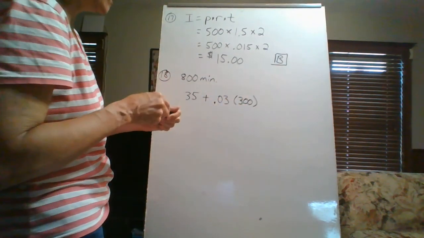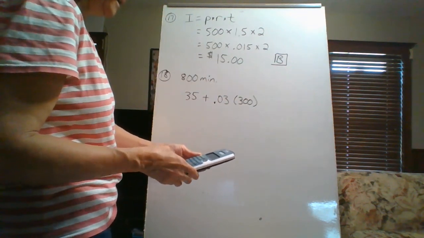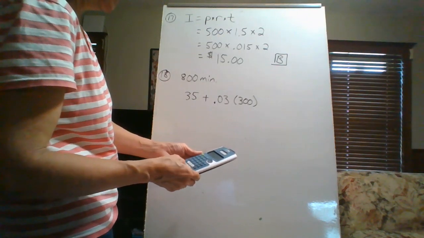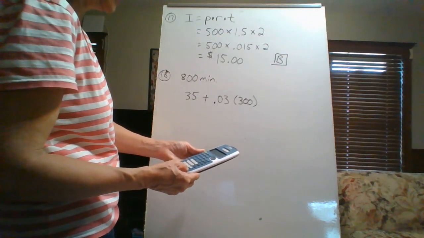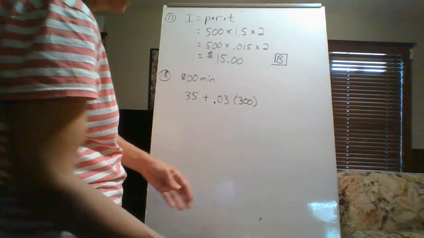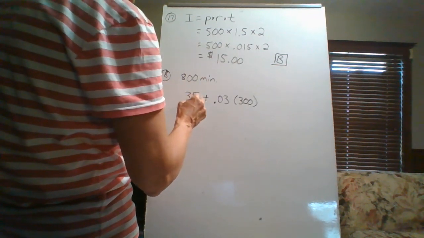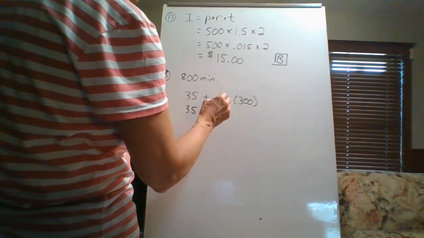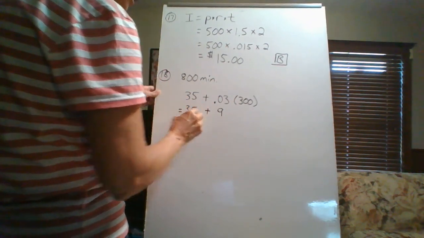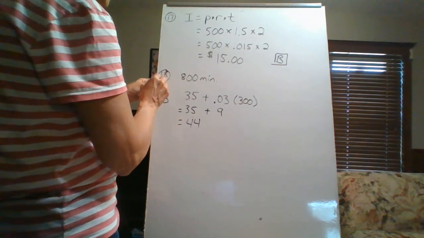There's 300 minutes more, so he's got to pay for that extra 300 minutes of chatting. So we're going to do the 300 minutes times the money, the 3 cents each. So he spent $9 on his extra talking. So it's $35 plus 9. So he spent a total of $44 that month, which is answer B.